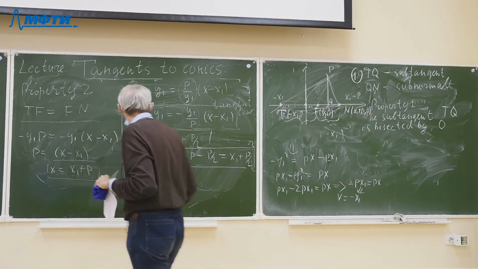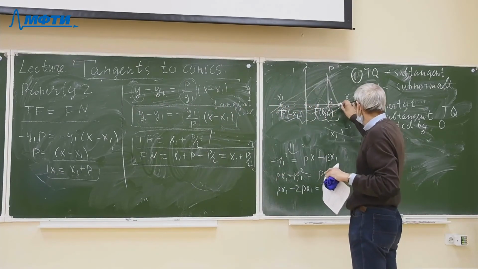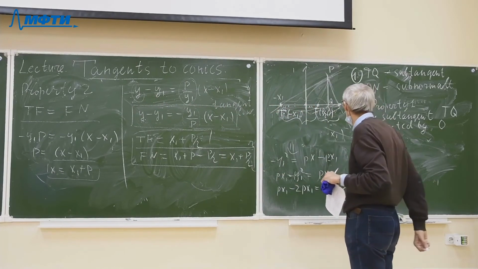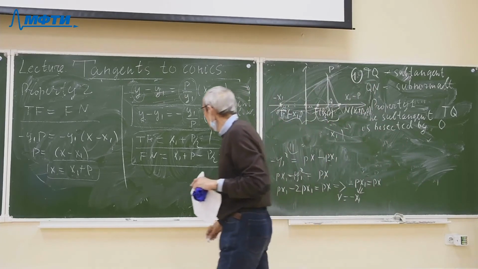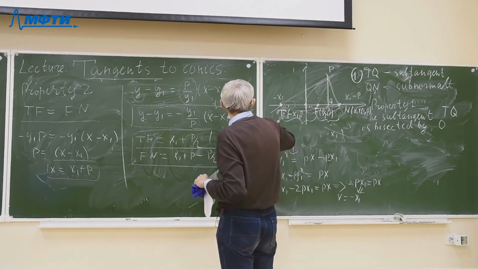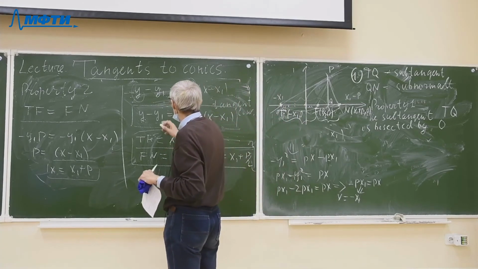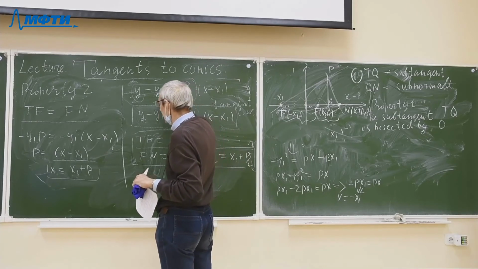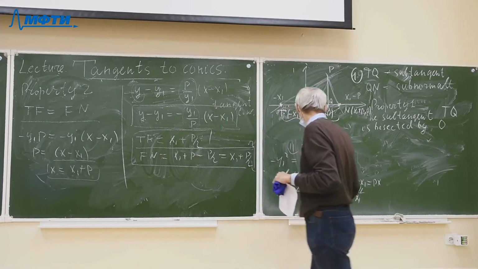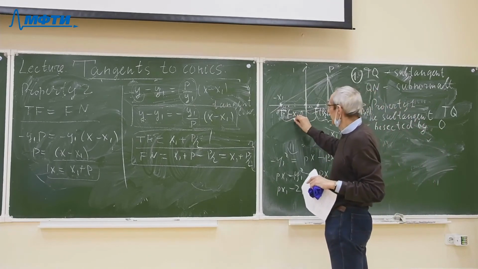Yes. This is the point of intersection of the normal straight line. In the same way, we obtain the intersection of the tangent straight line and axis OX from the first equation: this coordinate is equal to minus x1.